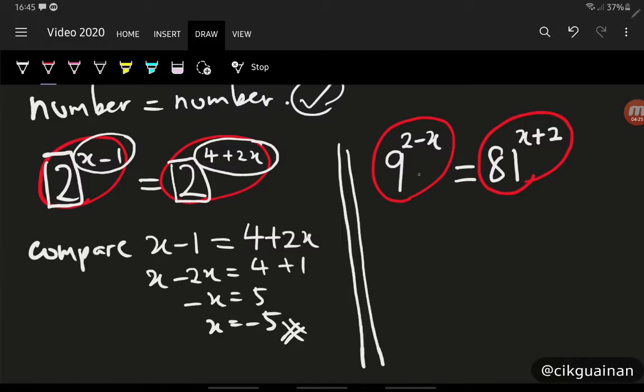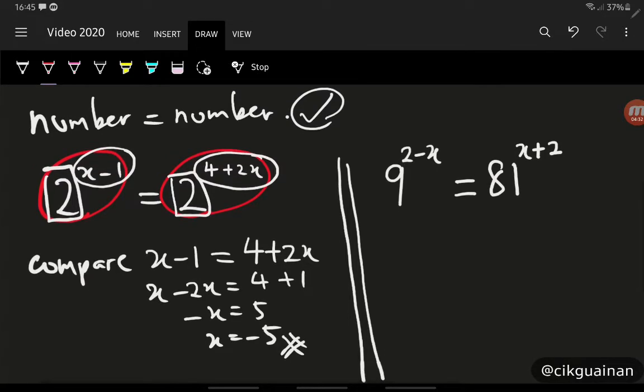One whole number on the left hand side and one whole number on the right hand side, even though it's in index form, we can manage afterwards. Still the problem, on the left hand side the base is 9, and this one the base is 81. So we have to make the base equal. We must reduce 9 and 81 to a smaller number to a certain power.